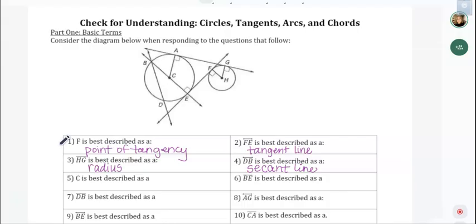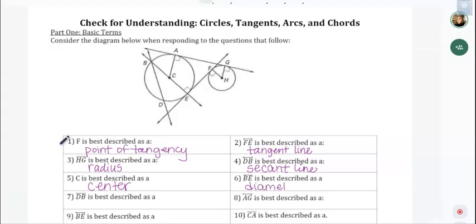C is best described as a, where is it located? The center. So C is a center. All right, line segment DE. It's a diameter.